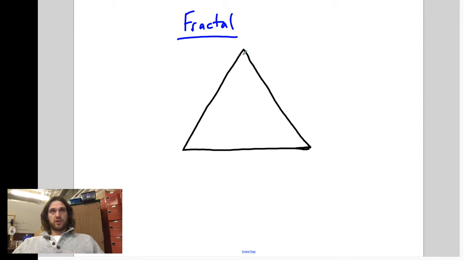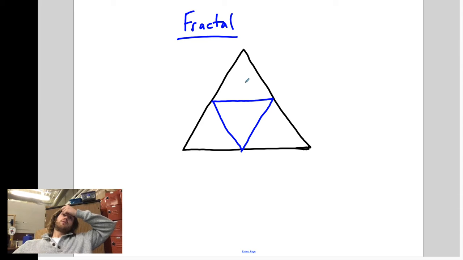Typically you come down to the halfway mark on this edge and put a horizontal line at the halfway mark coming across, and then you connect it to the halfway mark on the bottom line. Okay, so now we've created 3 more little upward pointing triangles. Now we have one downward pointing triangle.